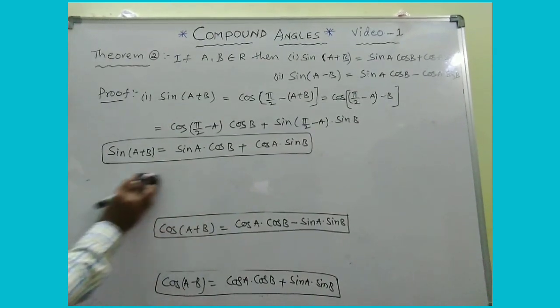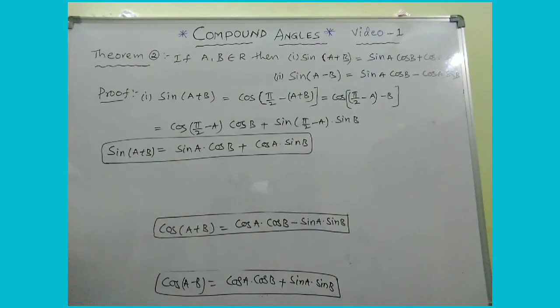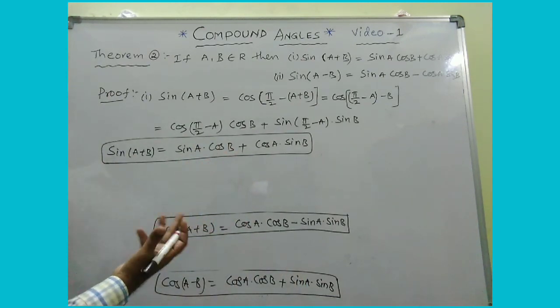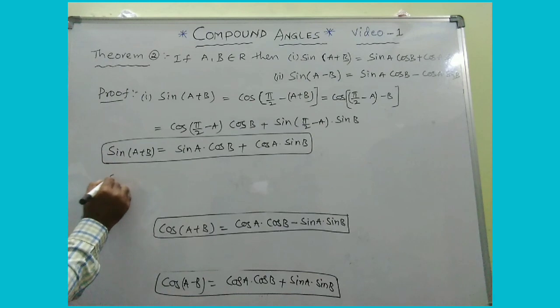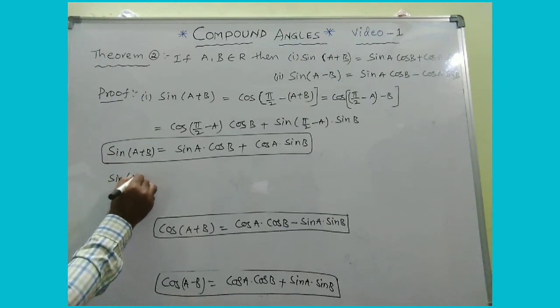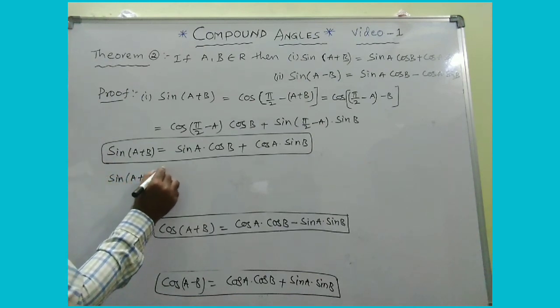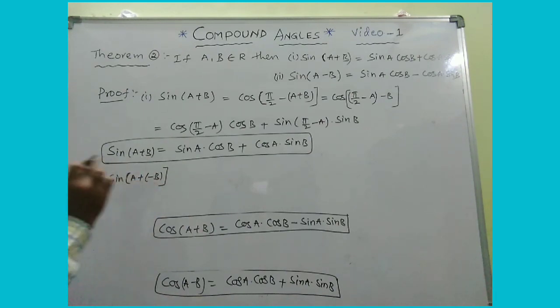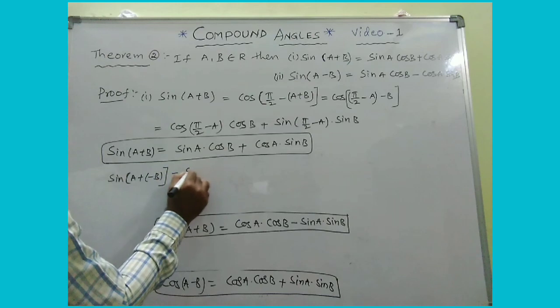So now to prove the second condition, the same technique we did earlier, just replacing B with minus B. So now sin of A plus, in the place of B, we need to write minus B. So apply the same technique here also.